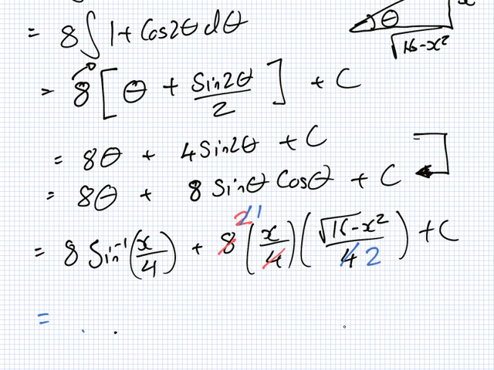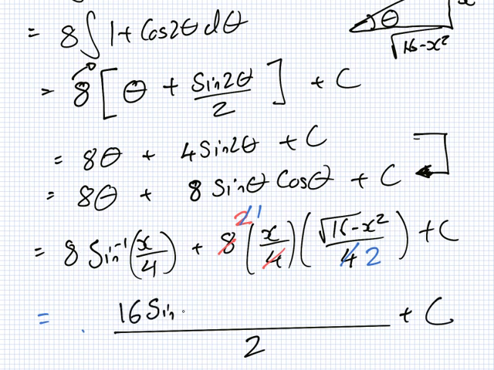Okay. 2 c. Alright, that's 16 sine inverse x over 4 plus x root 16 minus x squared. Whew. That's the answer.